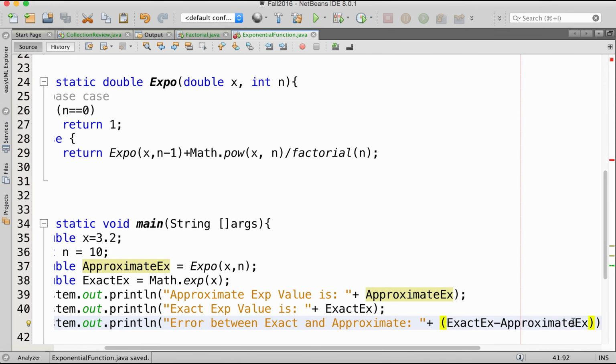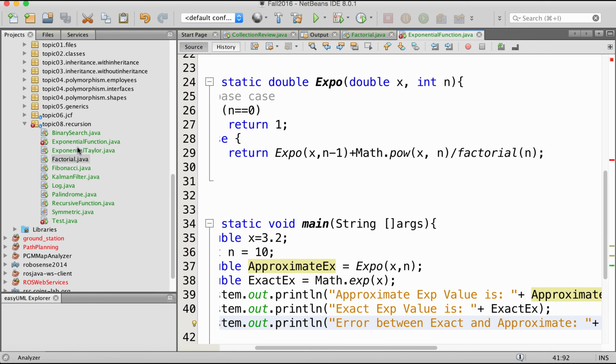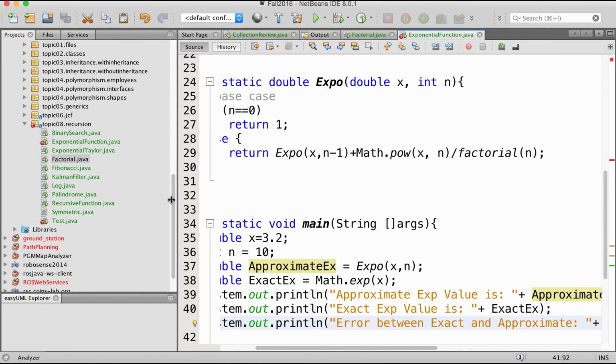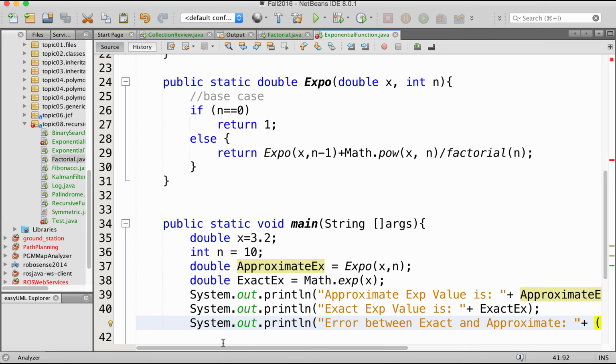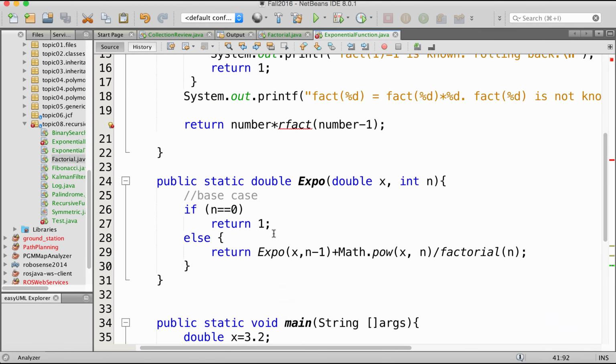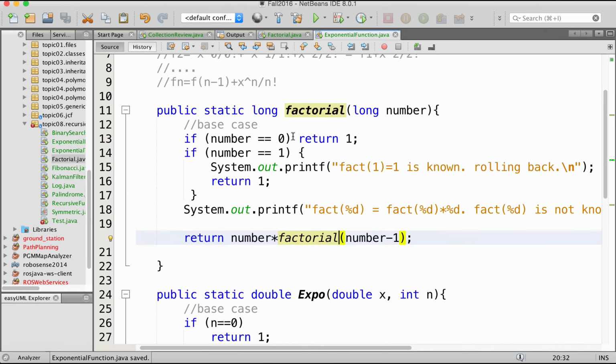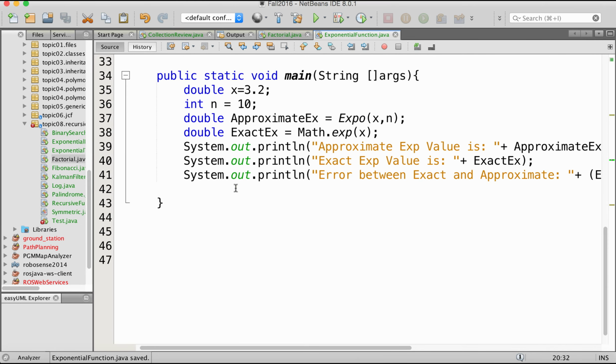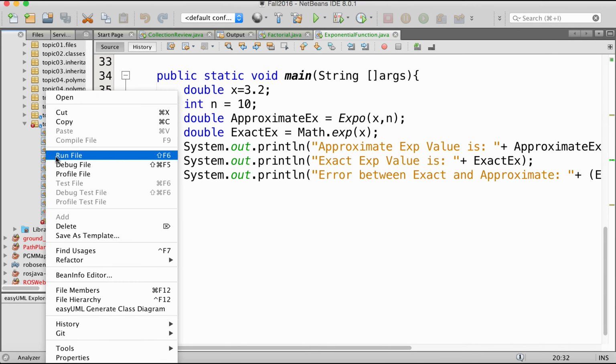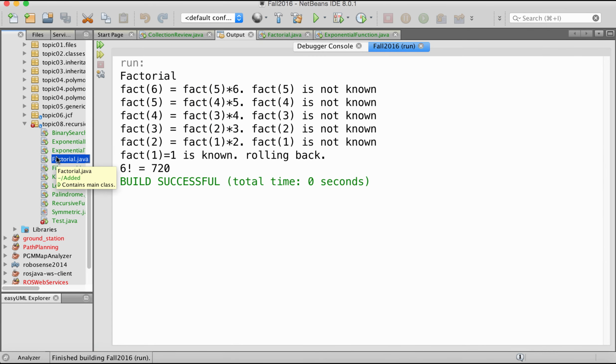Okay, so now everything is working fine. This is factorial.